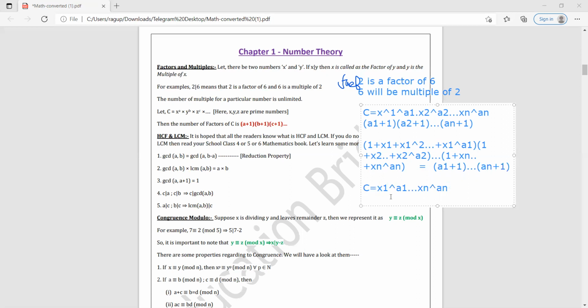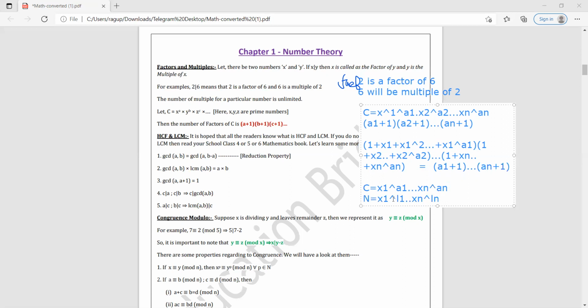So the divisor would be of the form x1 raised to l1, dot dot dot, xn raised to ln.